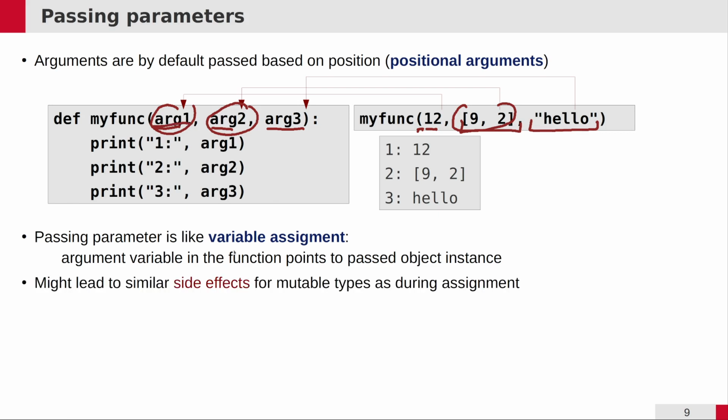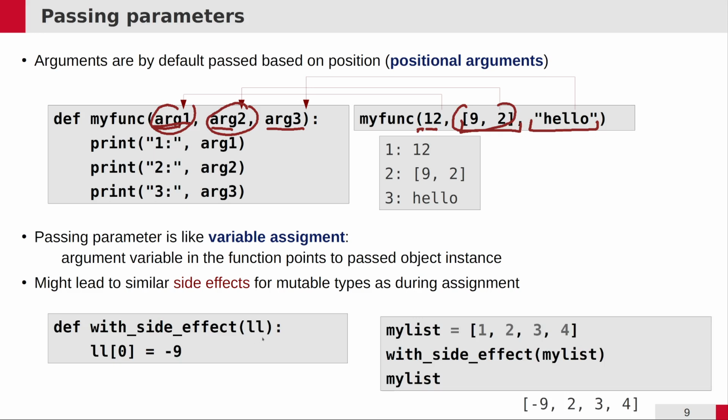What does it mean for us? We have to watch out for side effects if you have mutable types, as we discussed already before. So if I am passing something which is mutable and I am manipulating this mutable thing inside, then the effect will also be seen outside. Here I have a list with the entries 1, 2, 3, 4. I'm calling this function with this list.